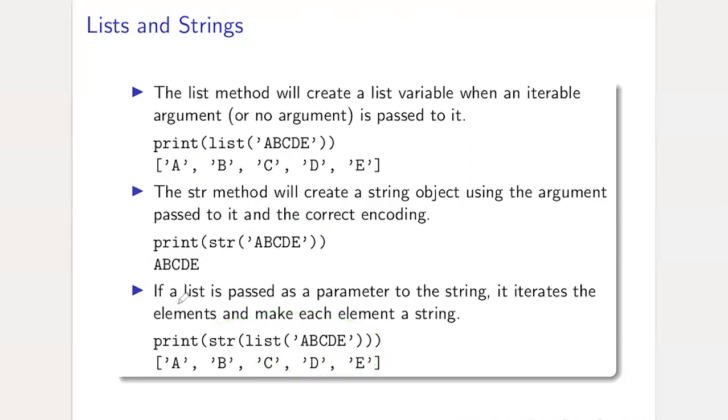Okay. So here what happens is each of these individual elements in the string becomes a string by itself. Okay. Right. So what gets output finally is the same thing you have here. Okay. So the list that was created remains.